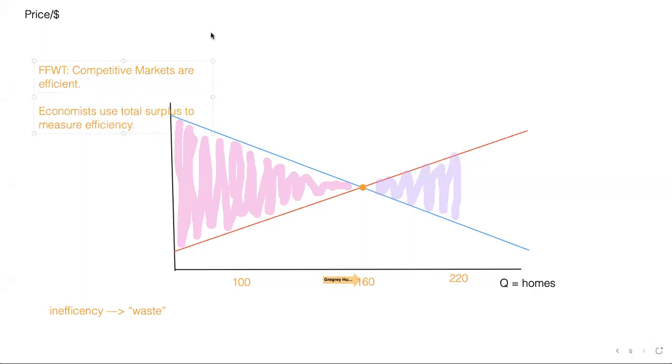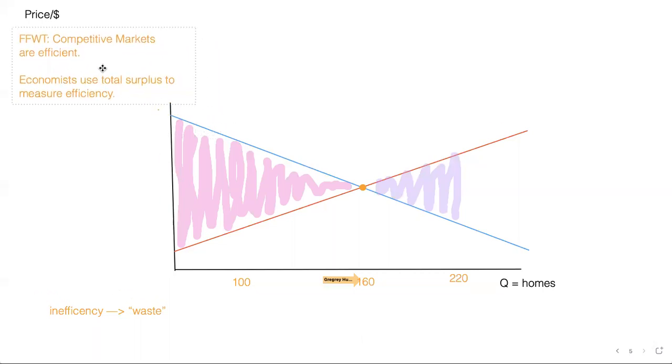Okay. So what you'll be able to see by the end of the first homework assignment, if you're paying attention, is that picking the equilibrium quantity as the quantity to produce is another way of saying the first fundamental welfare theorem.